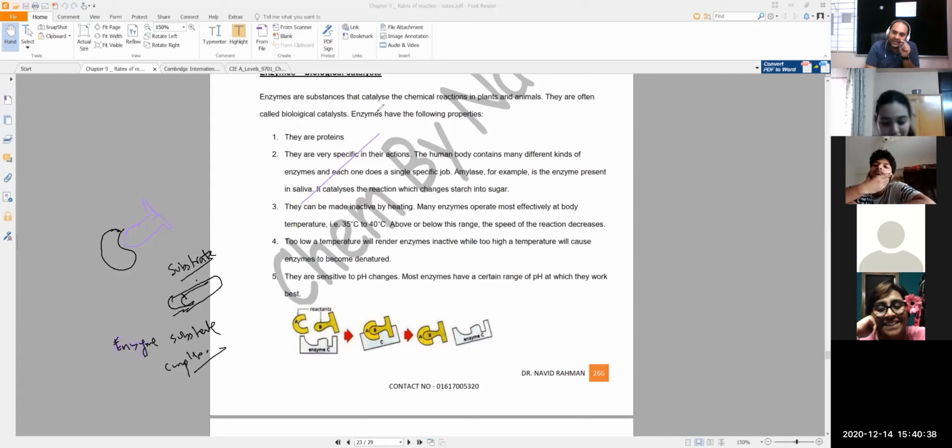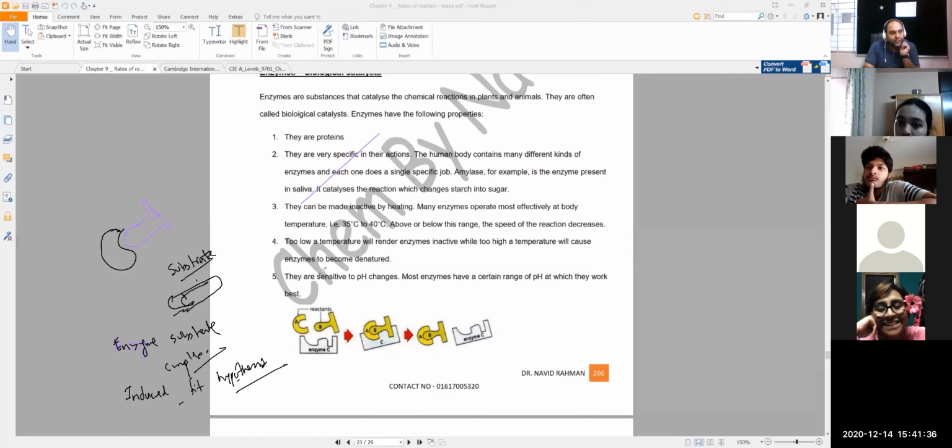Without using that particular key, you cannot open up the lock. But now it's a little different. So those of you who have biology in A level, you know that now it's an induced fit hypothesis, right? In chemistry, we will not be needing all these.